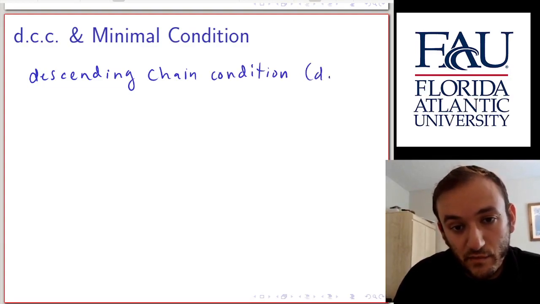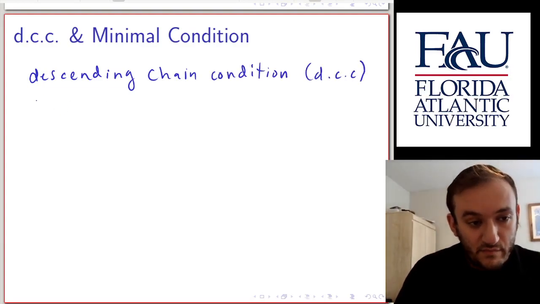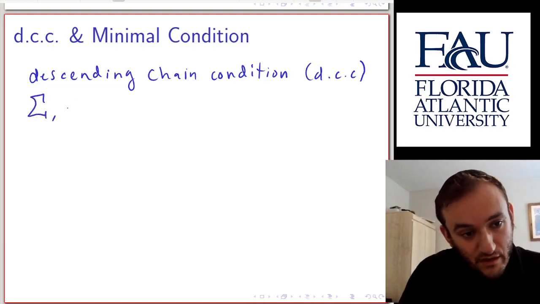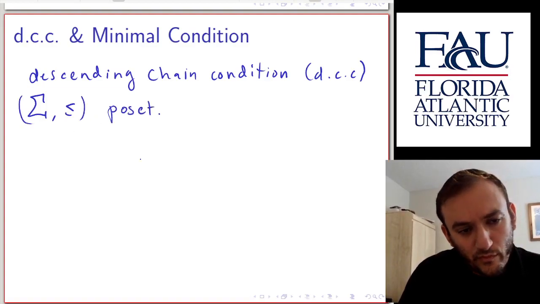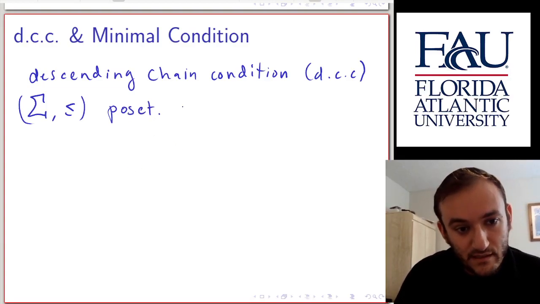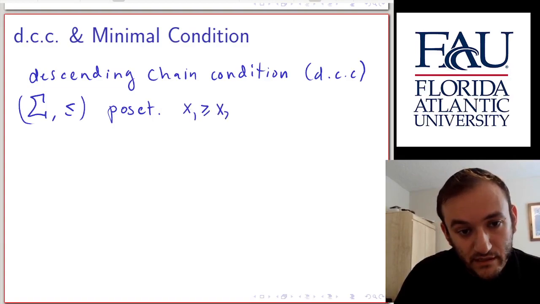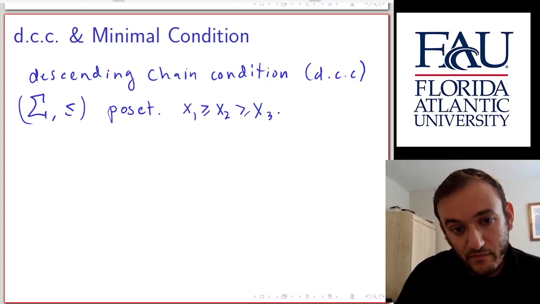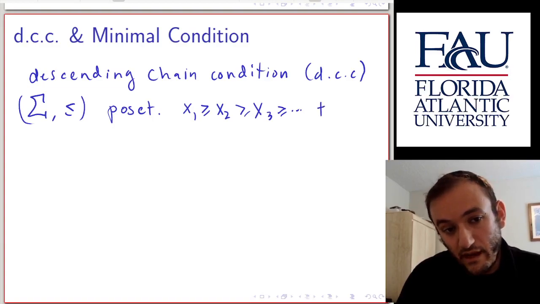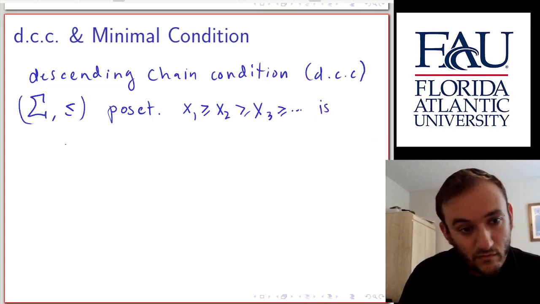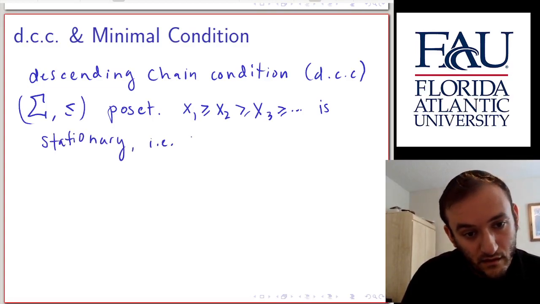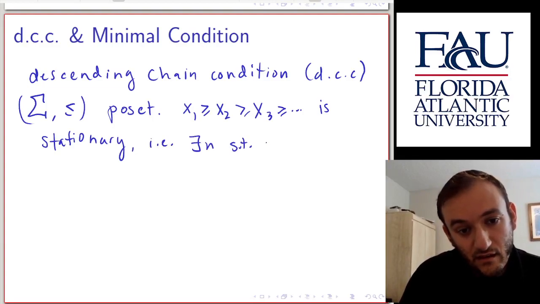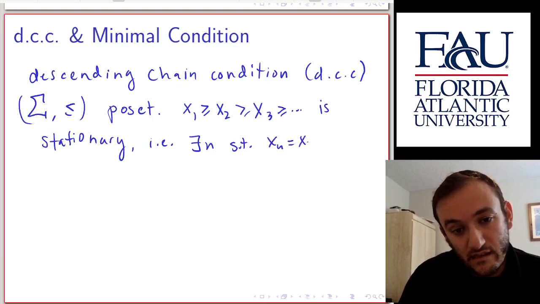This means that if you have the same situation where you have sigma and the relation less than or equal to is a poset, and we have some sequence x1 greater than or equal to x2 greater than or equal to x3, etc., this is stationary, i.e., there exists n such that xn equals xn plus 1, etc.